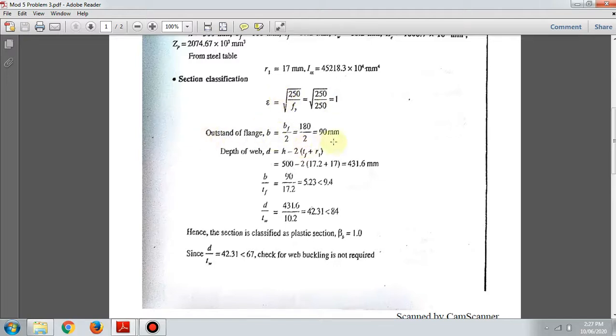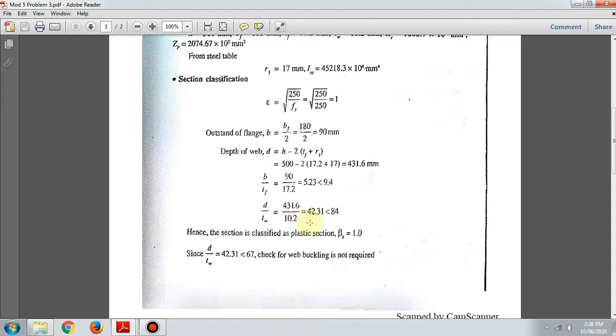The value which we got is about 1913, so I'll take a value greater than that. I'll take the Zp value as 2074, greater than 1900. So I'll select ISMB 500 at 86.9 kg per meter. I have selected the section depending upon its Zp value, and the value of Zp is 2074.67. This is a design problem, so any value greater than the required Zp you can select as a section.